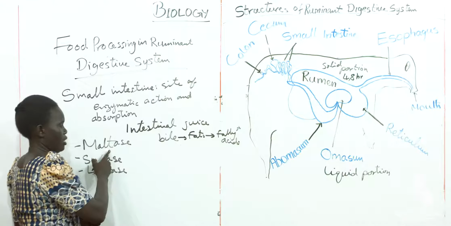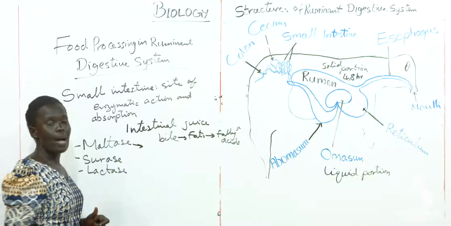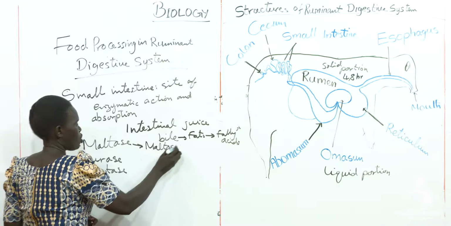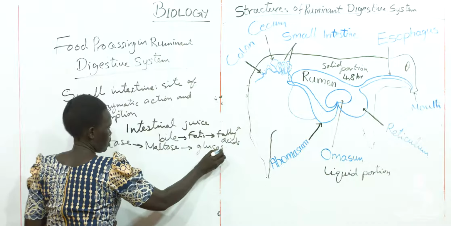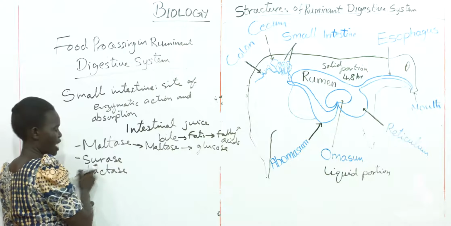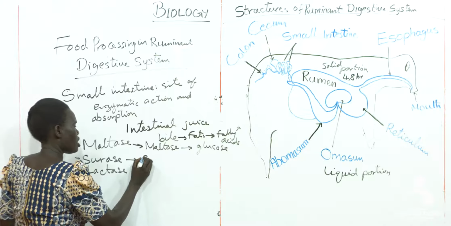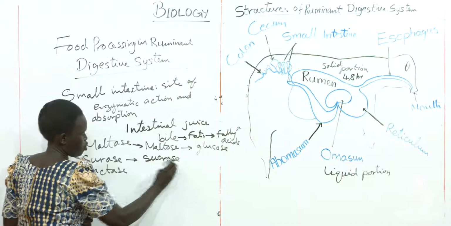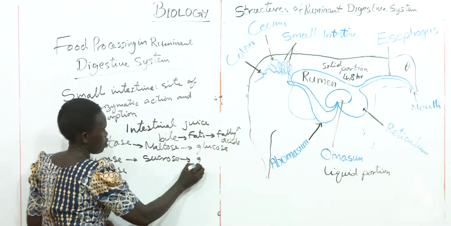And this maltase enzyme breaks the sugar which is called maltose into glucose. Then saccharase, this one breaks down the sugar known as sucrose into glucose.